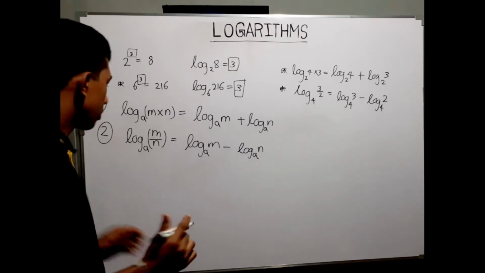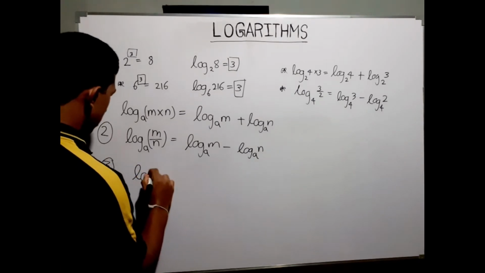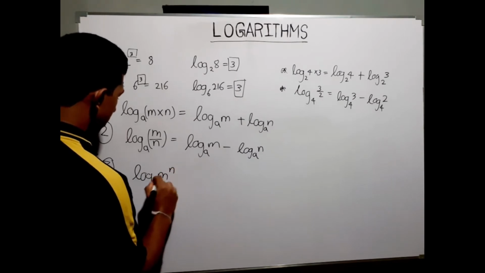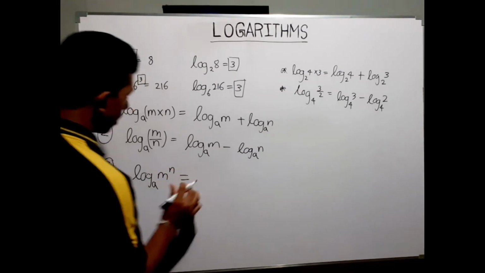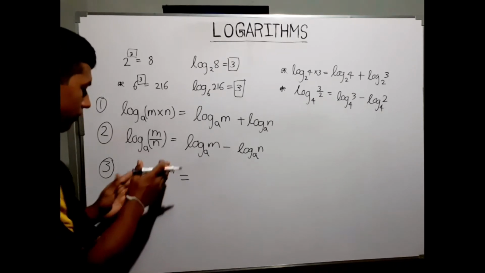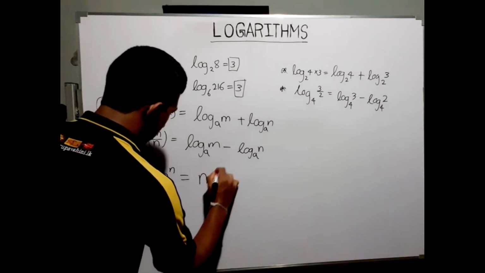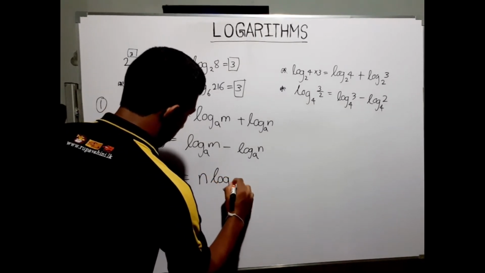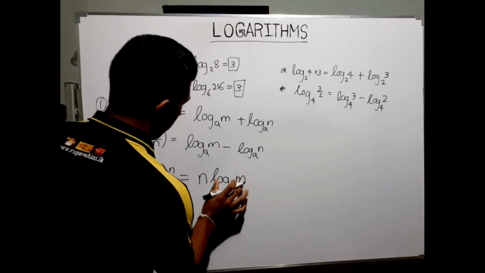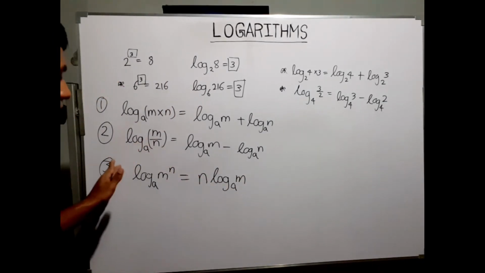Now we look at the third rule. The third rule is the log of m to the power n to the base a. This we can write as n multiplied by log value of m to the base a. So this power comes to the front.